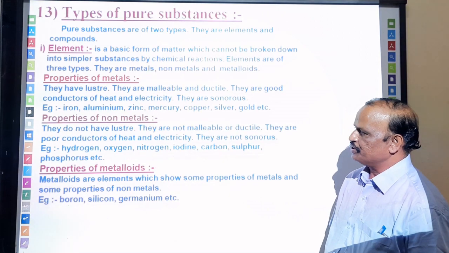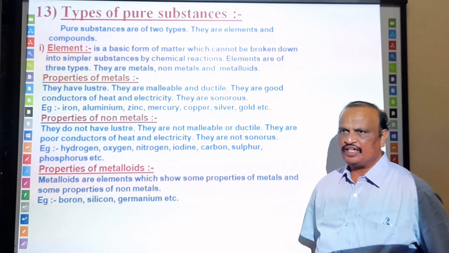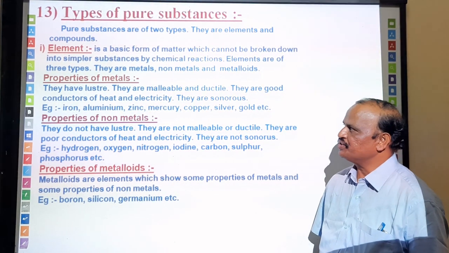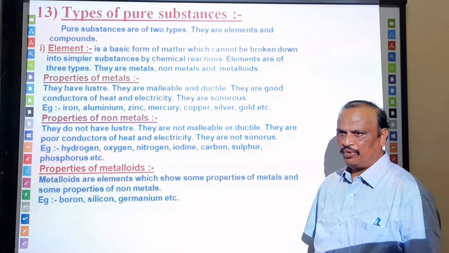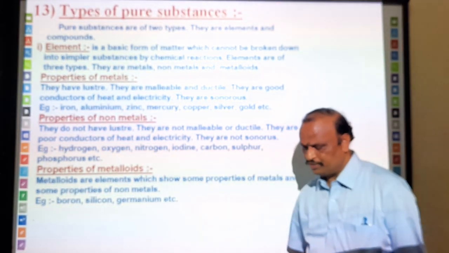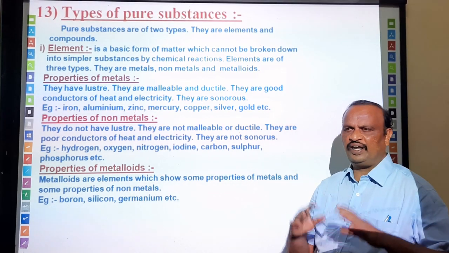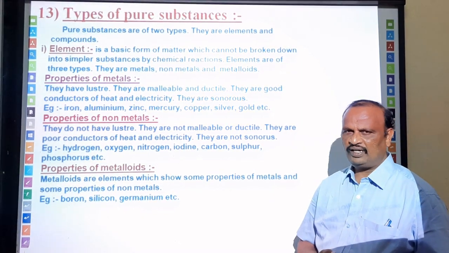So, types of pure substances. In that I had explained about elements and compounds. An element is one which is made up of the same kind of atoms. There are about 118 elements known up till today.